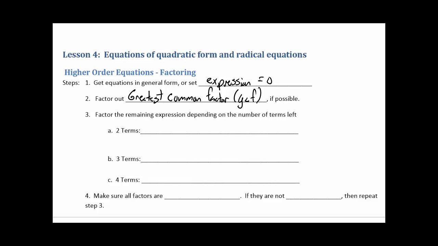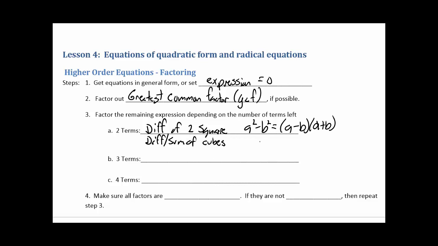So, for example, if we see something that's got two terms in it, that means we're either dealing with a difference of two squares, which is a squared minus b squared, which factors into a minus b and a plus b, or we're dealing with the difference or sum of two cubes, which is a cubed plus or minus b cubed.